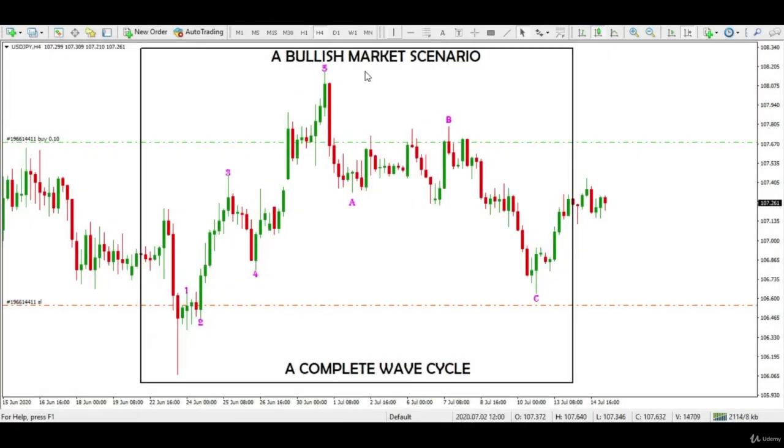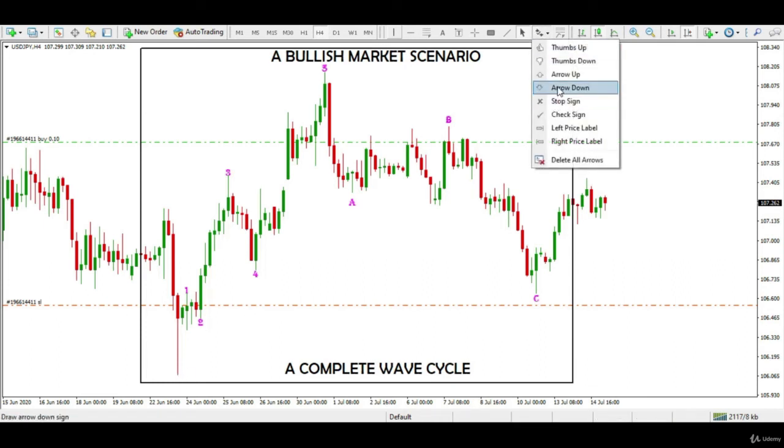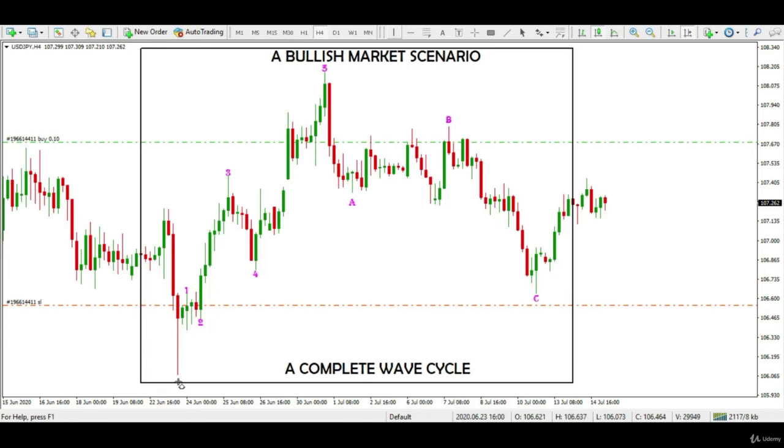In our second example, we are looking at a complete Elliott wave cycle in a bullish market on 4-hour charts of US Dollar and Japanese Yen. Starting from this significant price bottom, you can see that price rallied in a 5-wave sequence.